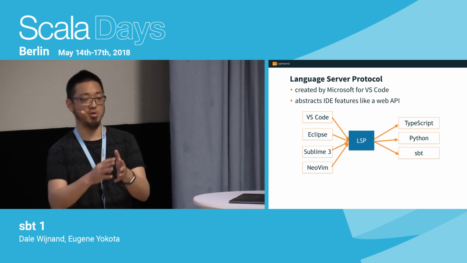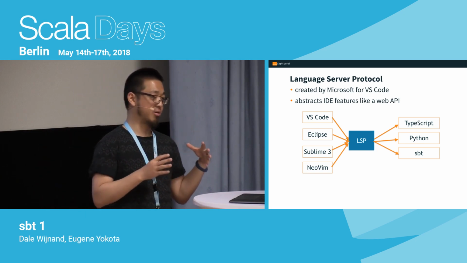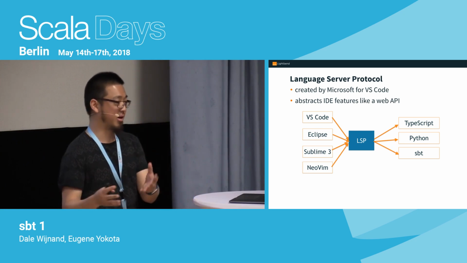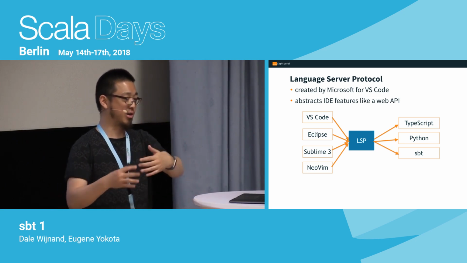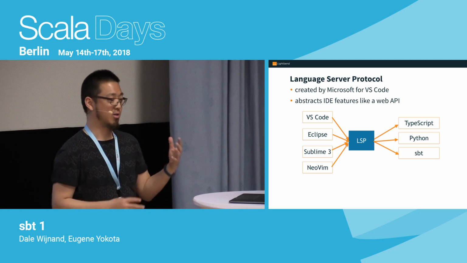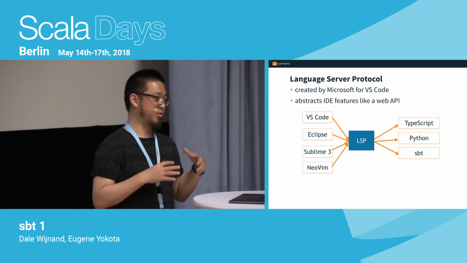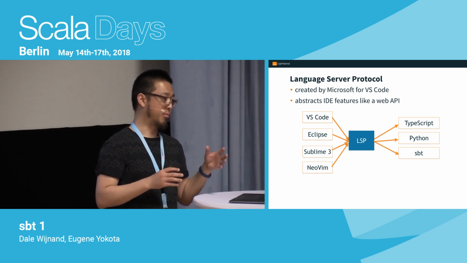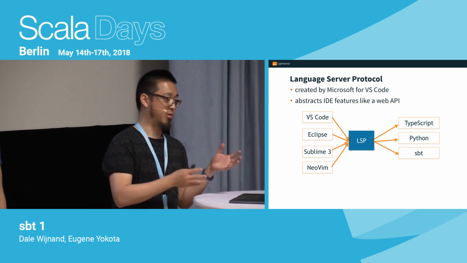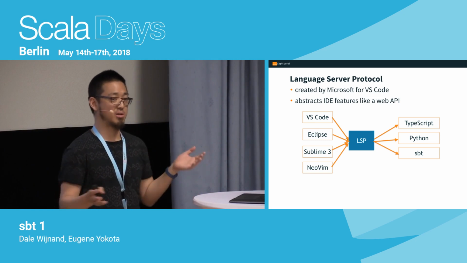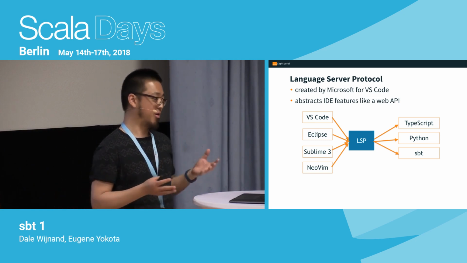So only the huge vendors with a lot of budget can create a great IDE, and then gradually that language or the IDE loses popularity, and then it kind of dies. So instead of doing this, what Microsoft did with VS Code is that they realized that there's a whole bunch of languages happening, and they couldn't do this on their own.